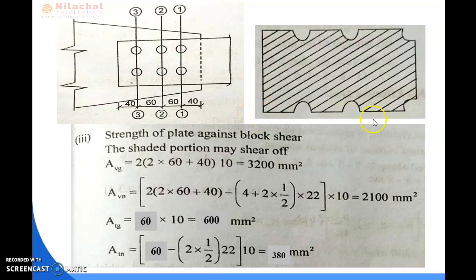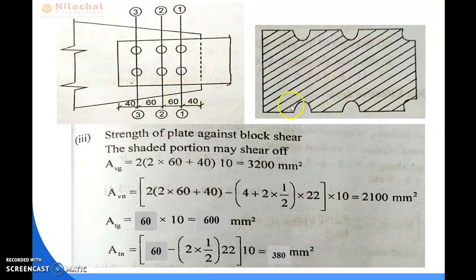From here to here, the distance of the block shear is 40 plus 60 plus 60, that is 160. It is multiplied by 2 because the block shear portion is provided along the horizontal line on the upper side and also at the lower side. So we have to multiply the 160 value by 2.